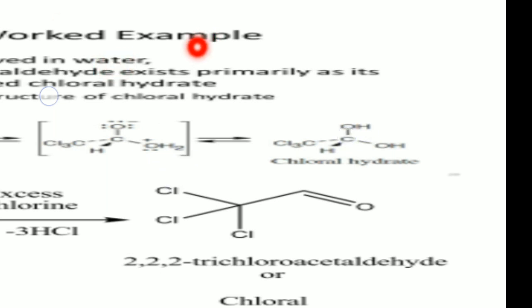One H plus is abstracted by the O minus, and a compound known as chloral hydrate can be formed. This is the formation of chloral hydrate.